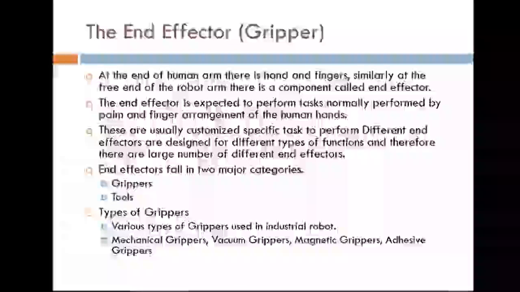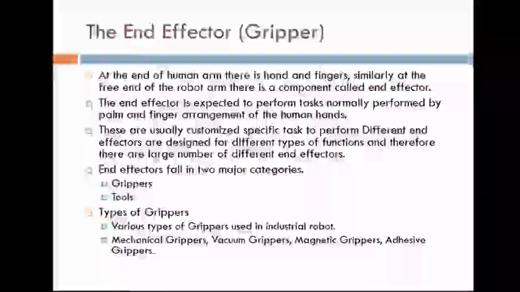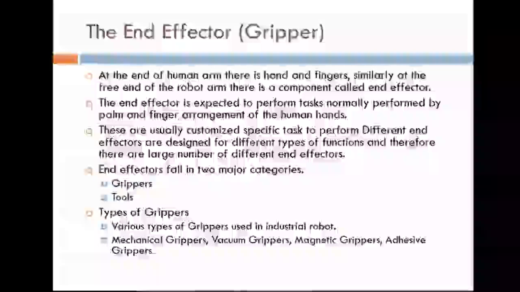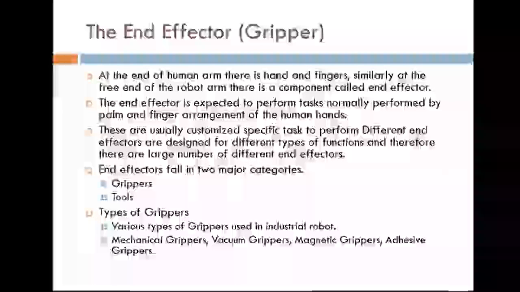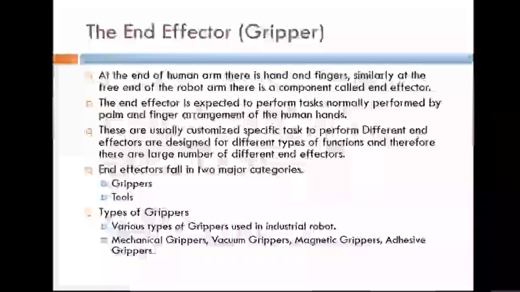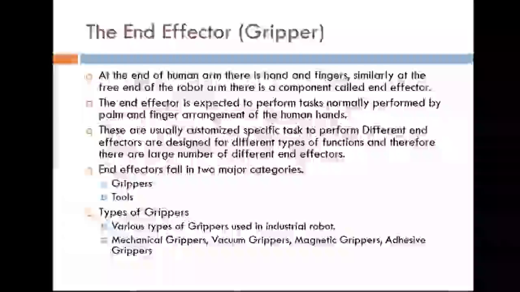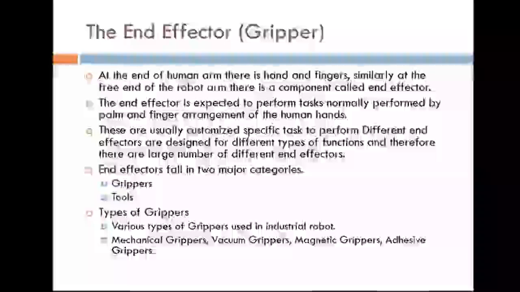Similarly, sensors are arranged in the palm, and the fingers work as per the data received from the controller. The end effector is expected to perform the task as a human hand. Please clear this point in your mind.